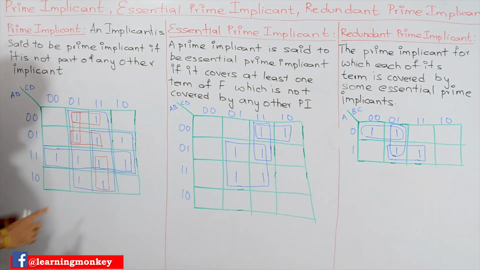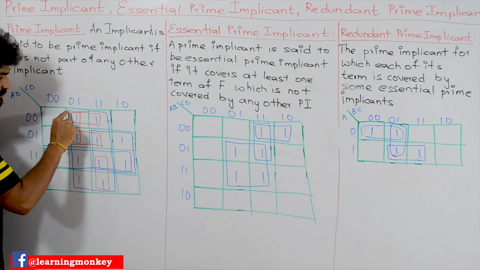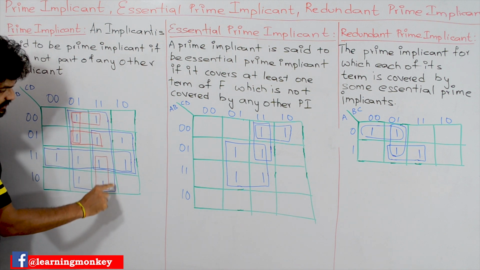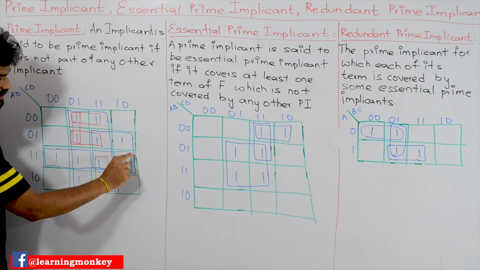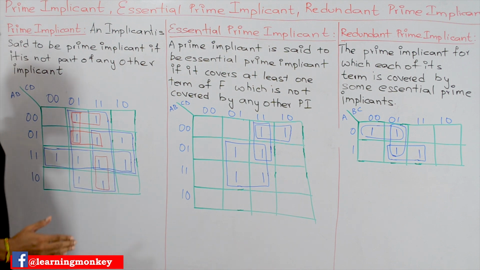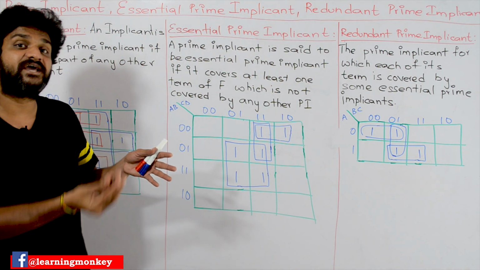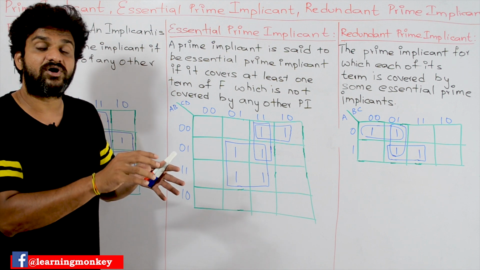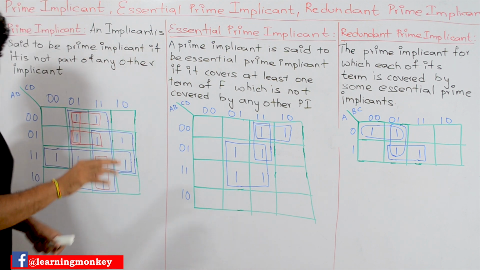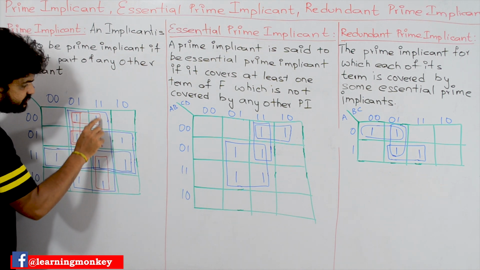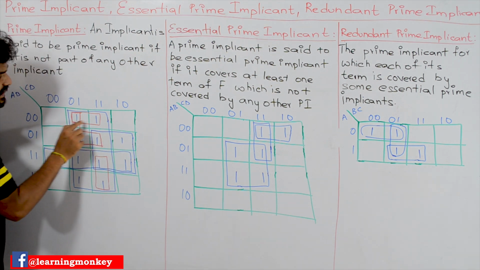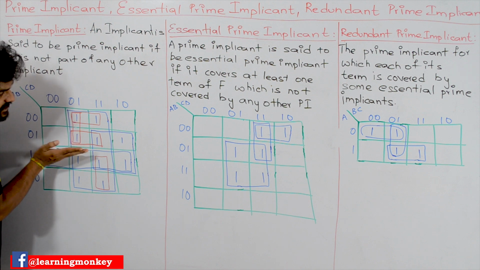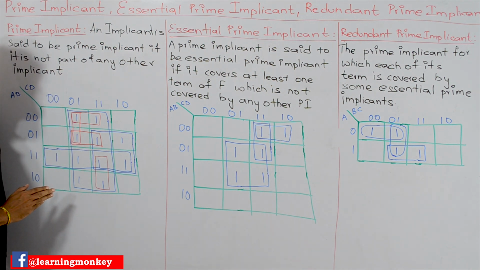In the given K-map, the implicants which are blue in color are not embedded in any other implicants. For example, if you take the implicants which are red in color, these red colored implicants are embedded in the blue colored implicants.